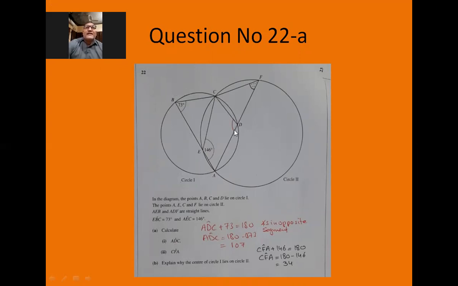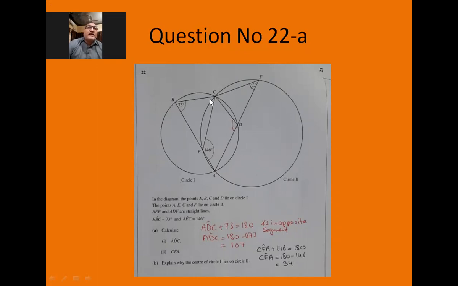Some people call it cyclic quadrilateral. All 4 vertices B, C, D, A are on the circumference of this circle number 1. So angle D and this angle are angles in opposite segments, and their sum will be 180.